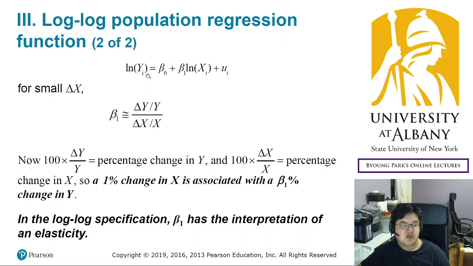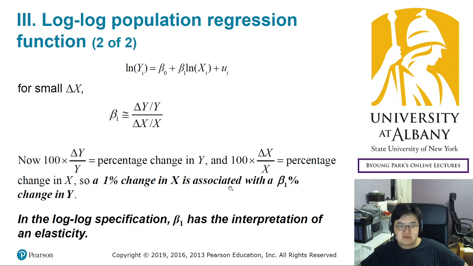So a 1 unit increase in log of x is equivalent to, excuse me, a 100% increase in x, and a 100% increase in x implies a 100 times beta 1% increase in y. In the end, 100 is multiplied on both sides, so they cancel out. So the interpretation is simple: a 1% change in x is associated with a beta 1% change in y.